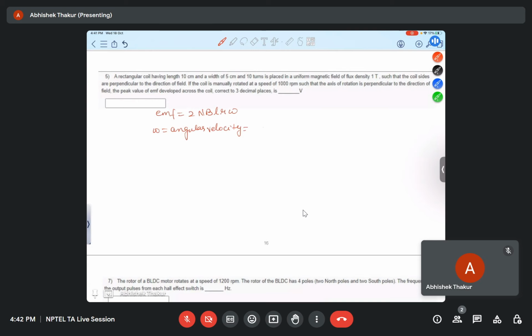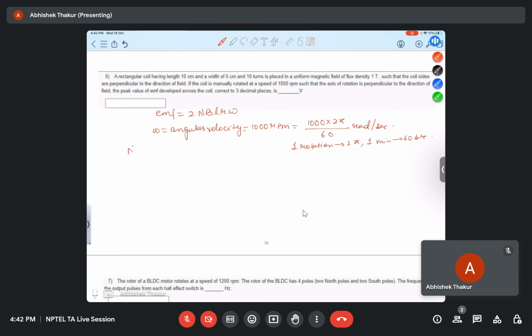So that is equal to 1000 into 2 pi by 60 radian per second. Why like this? Because one rotation contributes 2 pi radian and 1 minute is equal to 60 seconds.